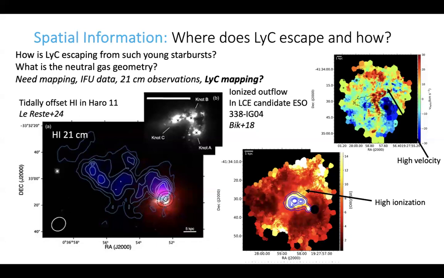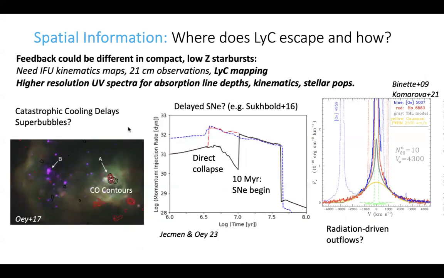But it requires being able to create these sorts of maps, both of nebular data or of neutral gas data, and also figuring out which region the Lyman Continuum is coming from itself. In terms of connecting and relating this to feedback mechanisms, one thing to note is that in these really extreme starbursts that we're talking about, the galaxies where we have strong Lyman Continuum escape fractions, the way feedback operates in those galaxies could be quite different from higher metallicity galaxies or less extreme ones.